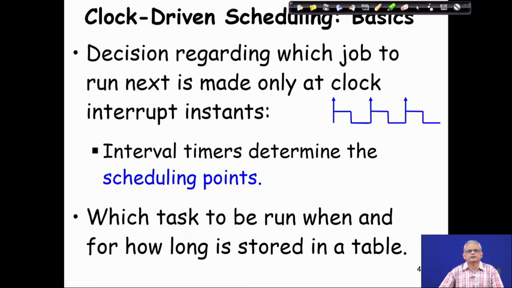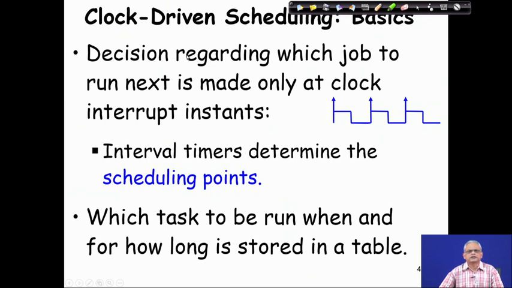One is the clock driven schedulers, the other one is the event driven schedulers. So, now we are just mentioning that at the simplest end of the real time operating systems, we have the clock driven schedulers starting with simple cyclic executives.